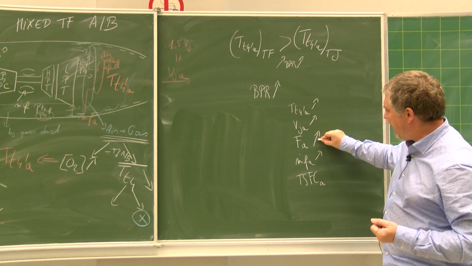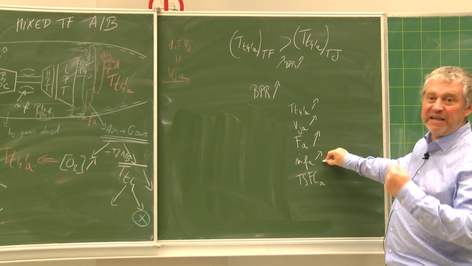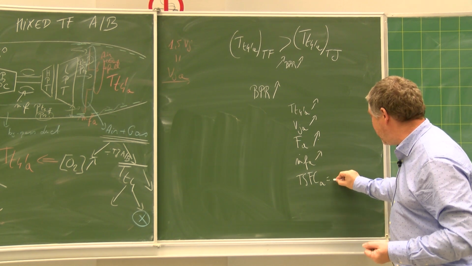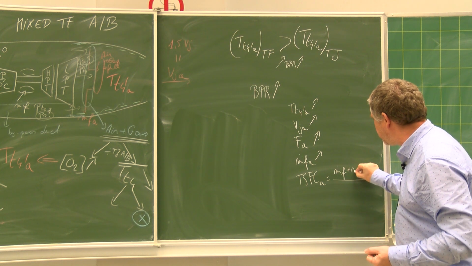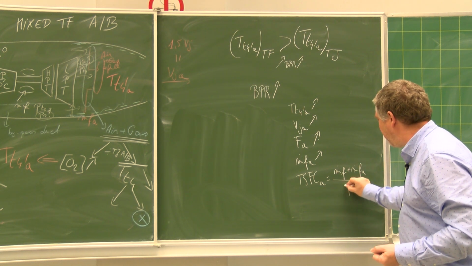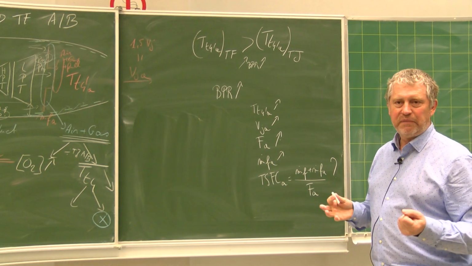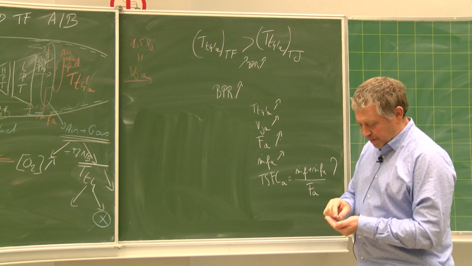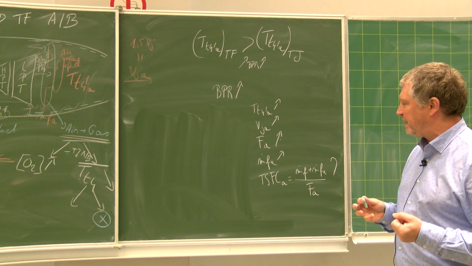Because FA is increasing more than before, but m dot FA is increasing more than before, and as the TSFC is equal to m dot F plus m dot FA divided by FA, what's happening with the TSFCA? It's hard to know. And it's, let's say, rather easy to look at that.